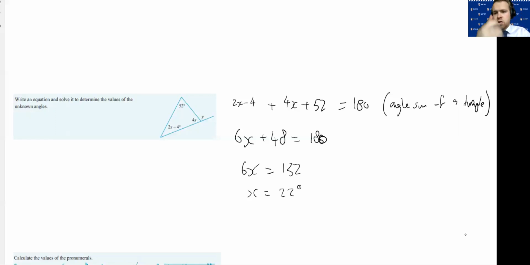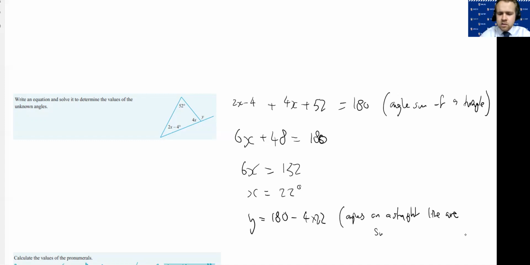Again, that's just working through solving an equation. Now, to find out what y is, I can see that y is on a straight line with 4x. So y equals, let's make it a bit easier, y equals 180 minus 4 times 22. Because x is 22, we found that in the previous line, and our reason is angles on a straight line are supplementary.